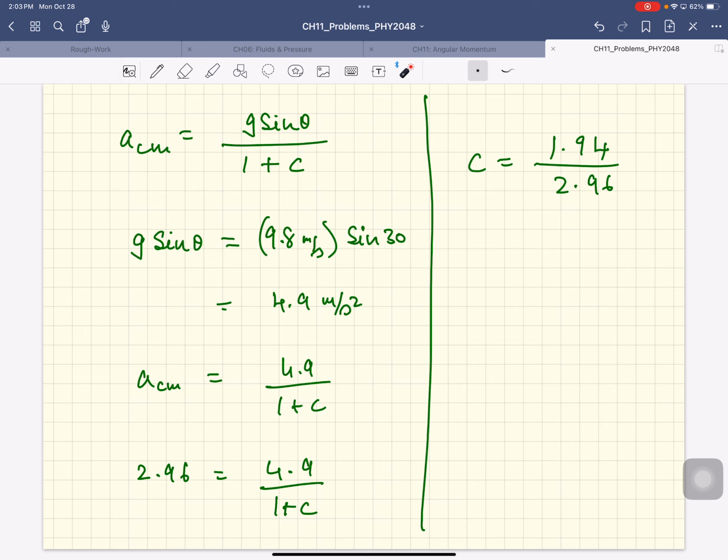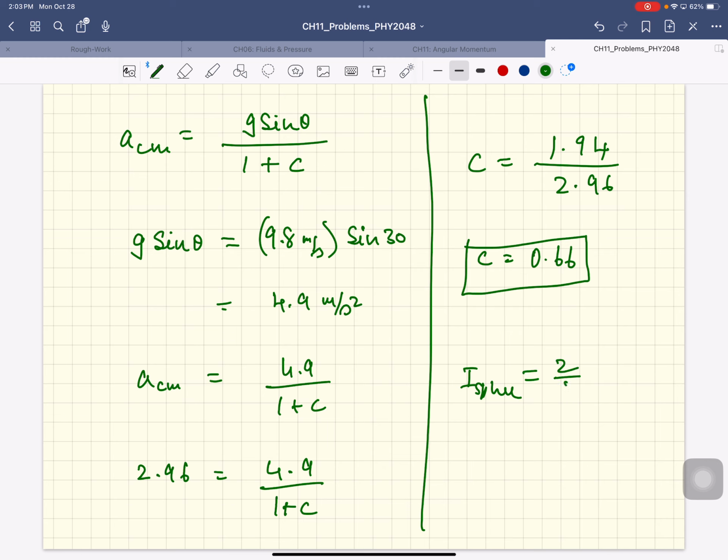So C works out to 0.66. Again, for a sphere, it's 2/5 m r squared, which is 0.4 m r squared.